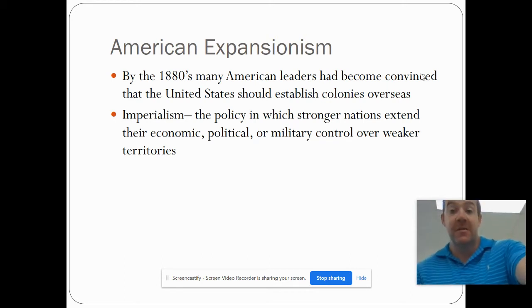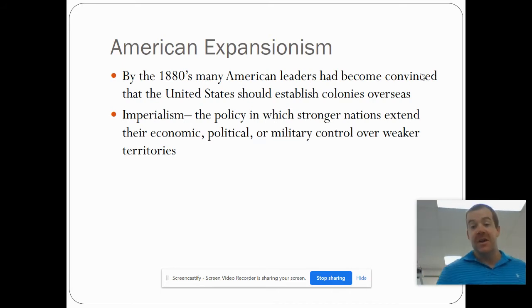And that's just a definition of imperialism there: the policy by which stronger nations extend their economic, political, and military control over weaker territories. So basically, to go overseas and take over or colonize an area. Europe had been doing this for several hundred years. Now America wants to get in on the game.